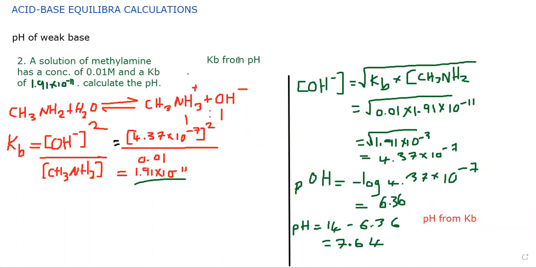If you want Kb from pH, when you're given the pH, you antilog it, and that would give you the H plus, and then you figure out the OH from that, if you want to use Kw.